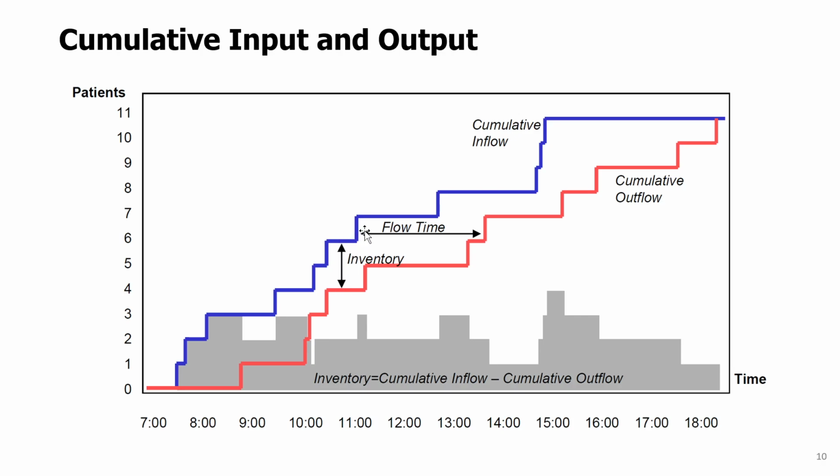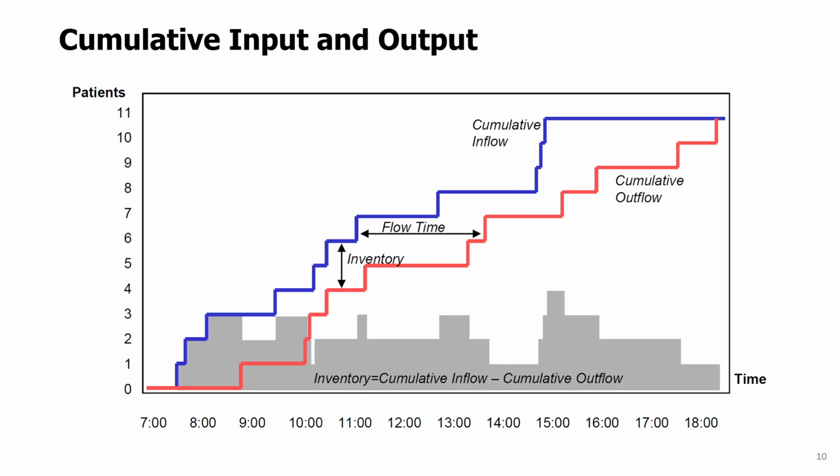At the same time, if you look horizontally, you will see the flow time measure, because assuming the patients arrive and leave in the same order, there's no overtaking, then you will actually see the time from the moment that patient number 7 arrives to the moment patient number 7 leaves, right? So that's the flow time for this patient.